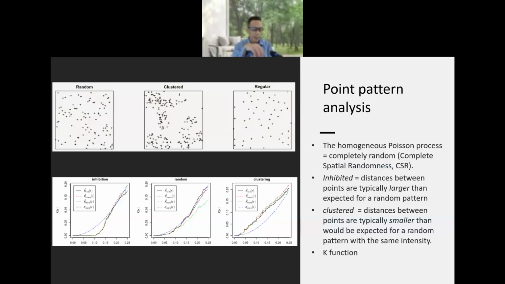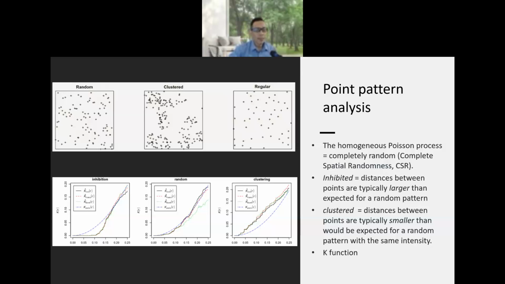So it means that those areas have less incidence of disease. If it is clustered, it means that the distances between points are smaller than would be expected for a random pattern with the same intensity.